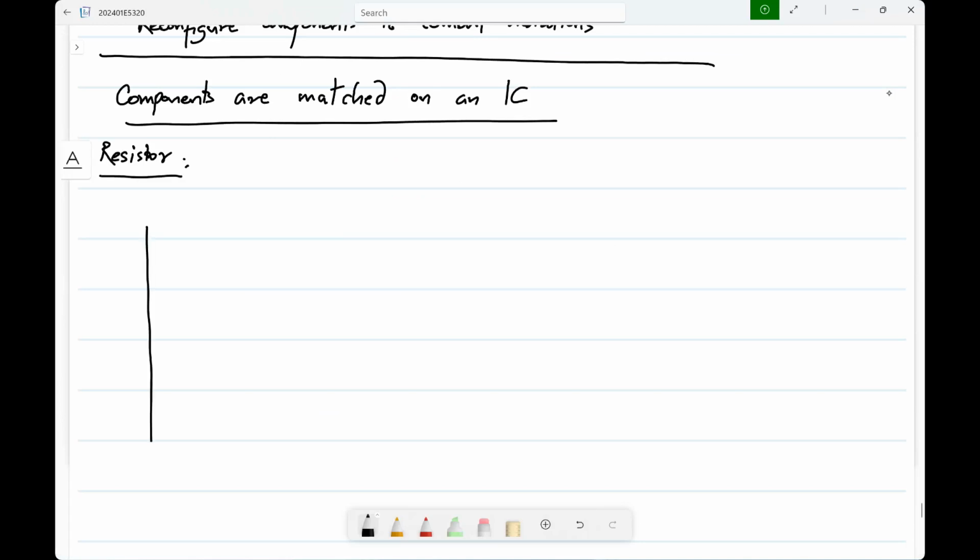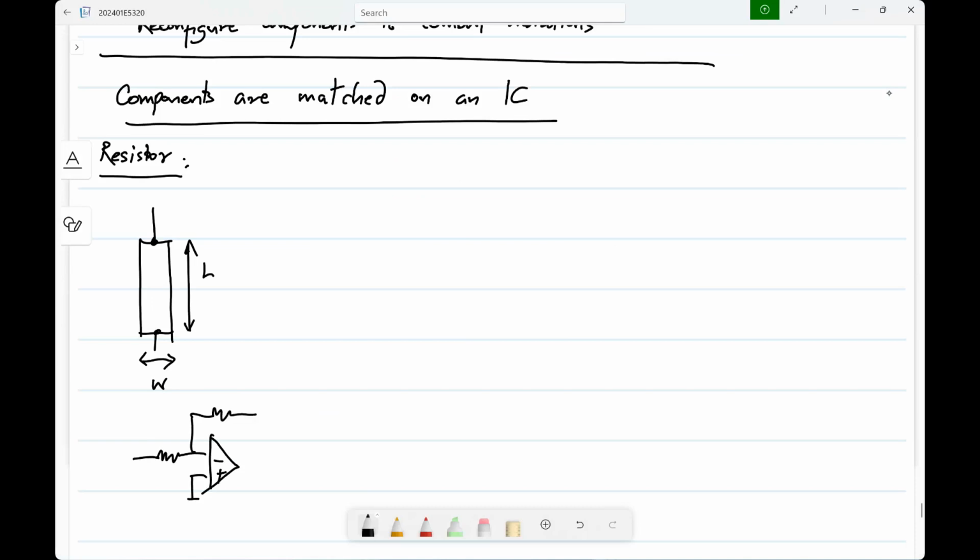Okay. So let's say I make a resistor of length L and width W. Okay. And I have a contact over there and a contact there. Right. And let's say I want to make an amplifier of gain 2 or minus 2.